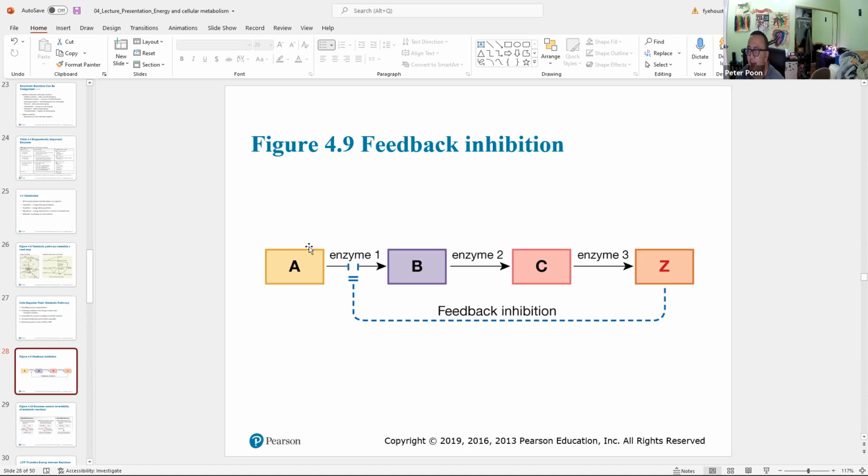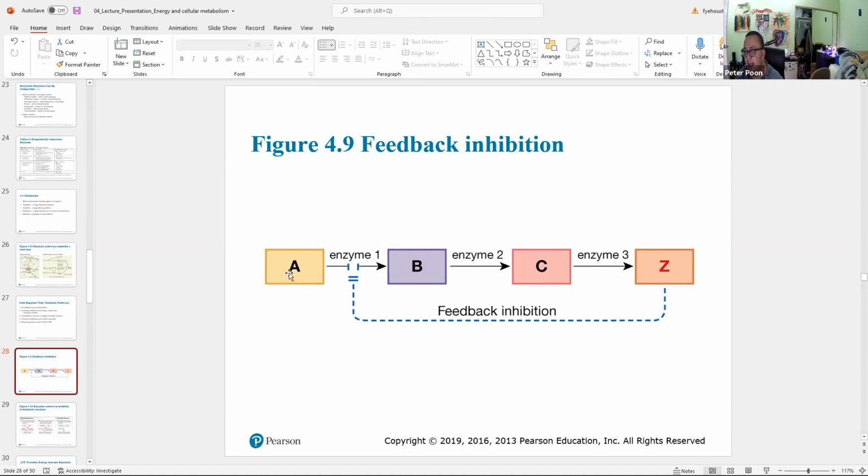If you have no enzyme 1, then you have A, but you can't turn A into B. So you stop this entire pathway from working. This is all great until you run out of Z. If you run out of Z, then you don't have Z inhibiting enzyme 1 anymore.